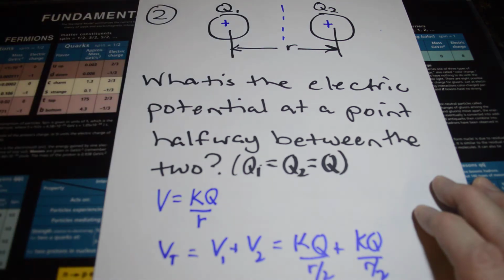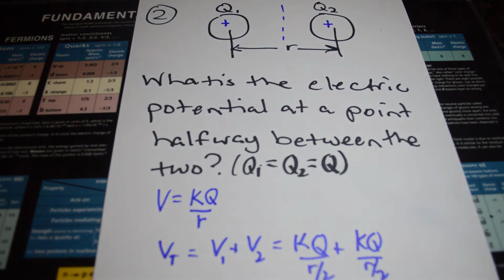Again, I was hoping that we'd realize that they were still positively charged objects. Then the potential away from that is a scalar quantity. They're just going to add up together.